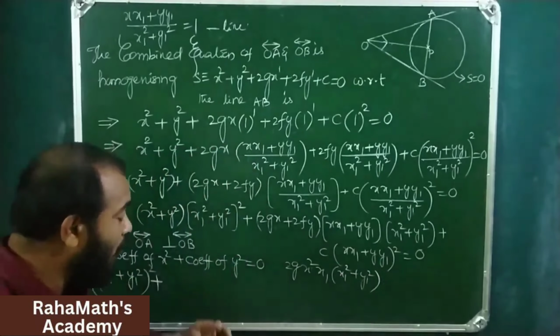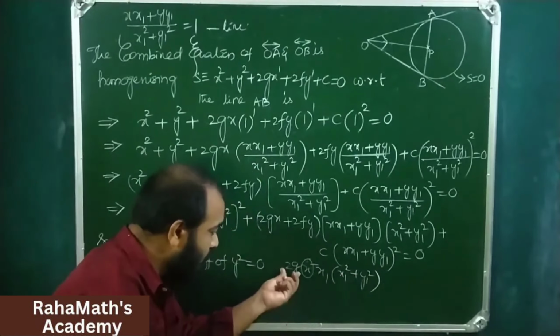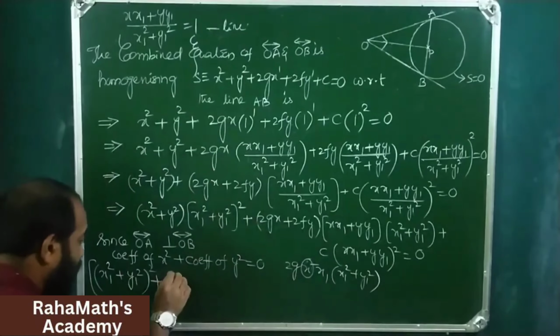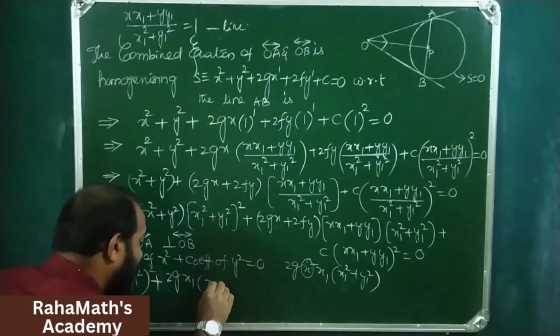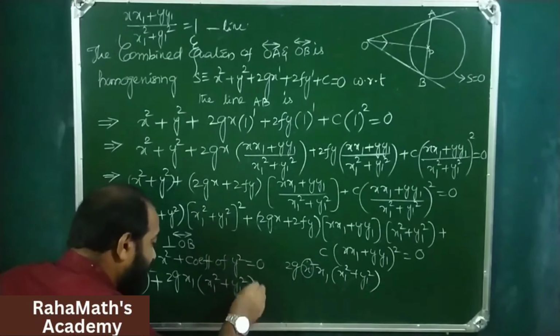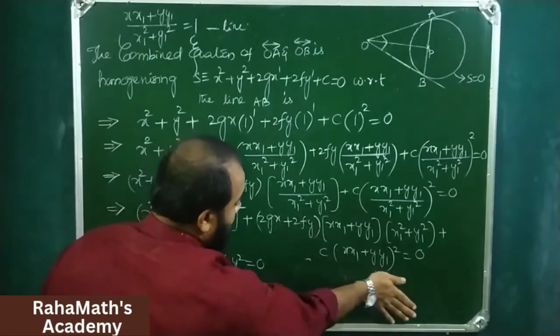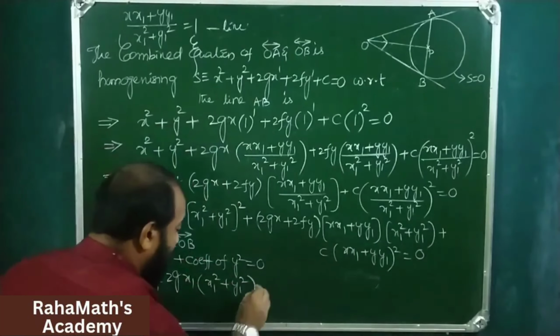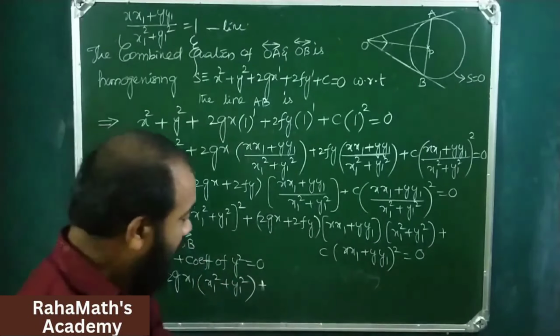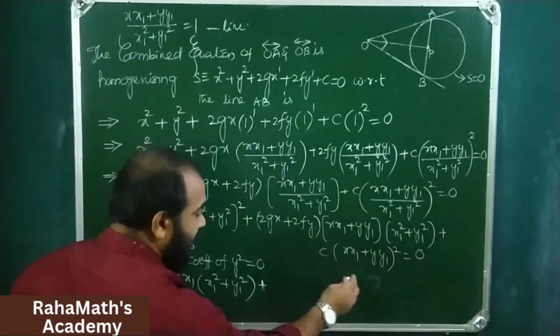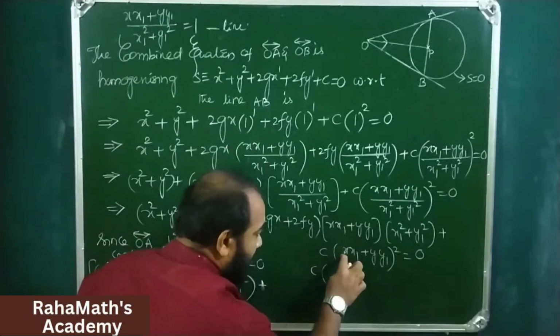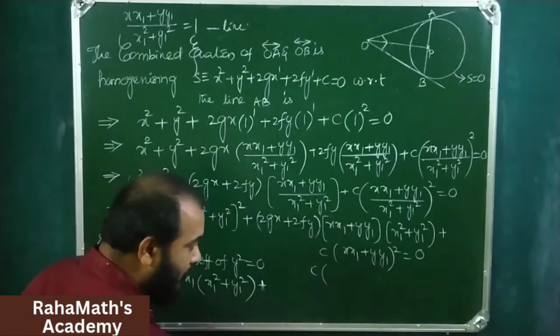Now what is the quotient of x square? So 2g x1 into x1 square plus y1 square. And plus, here, if you expand this, c into a plus b whole square, a square plus b square plus 2ab.